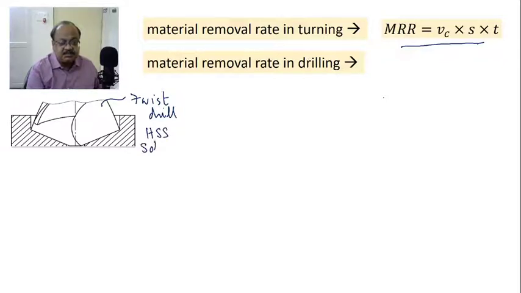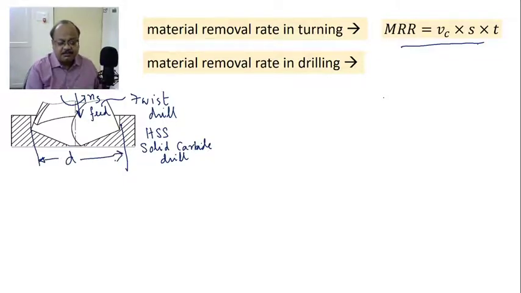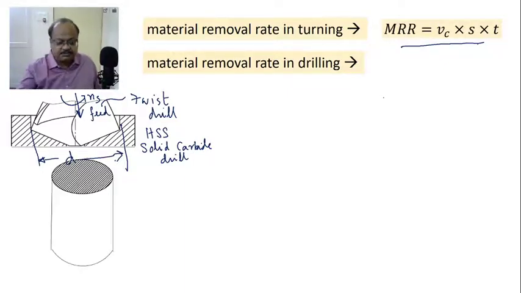These days solid carbide drills are also available, and this is rotating in this direction with a speed of Ns and coming down in this direction with a given feed rate. The diameter of the drill is d. So this is the basic nomenclature of the different geometries.